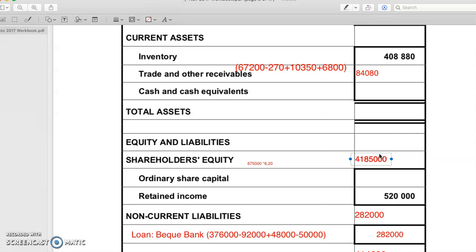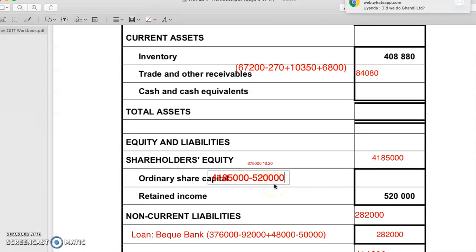4,185,000. We can use this to get our ordinary share capital. This is our balancing amount. And so why is it so small? Okay, so we can now say, hey, we have 4,185,000. We have 520,000.